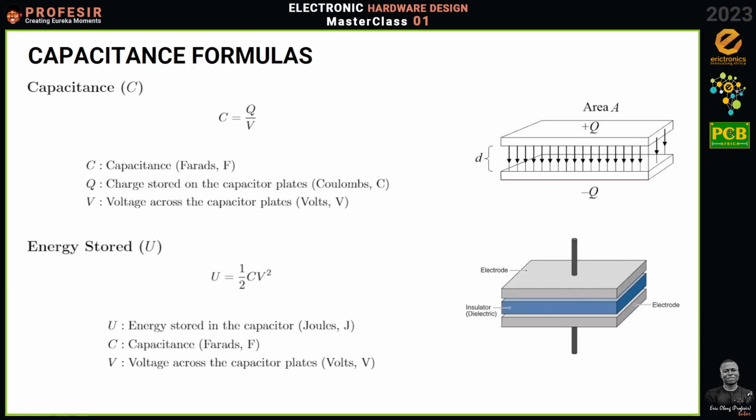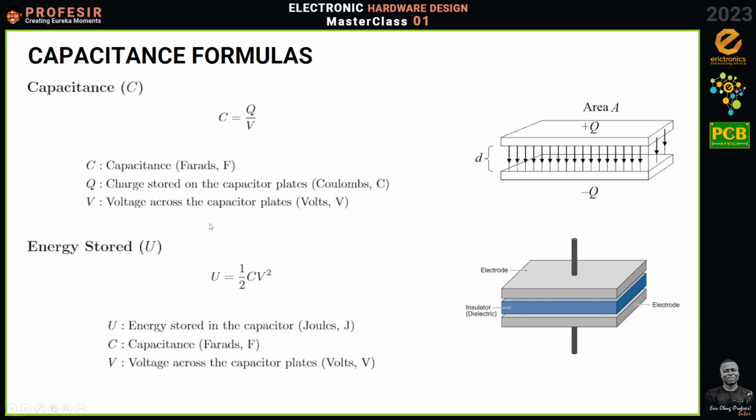I've put on this particular slide all the formulas that you need to deal with capacitance. Capacitance has the symbol C, and to calculate the capacitance of any parallel plate, it is Q, the amount of charge that has built up, divided by the voltage between the plates.